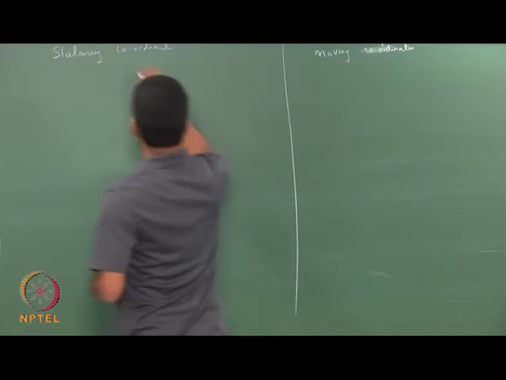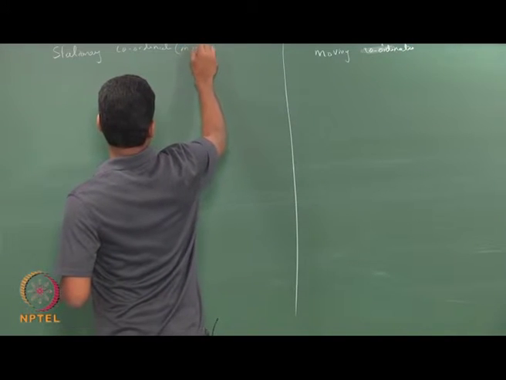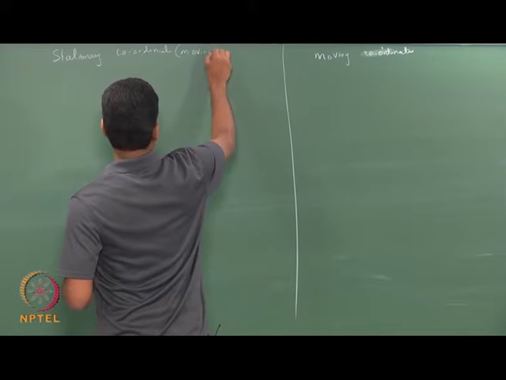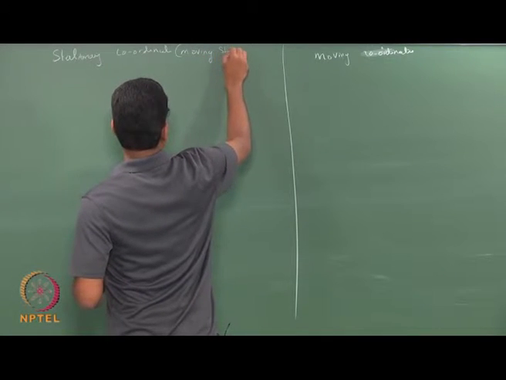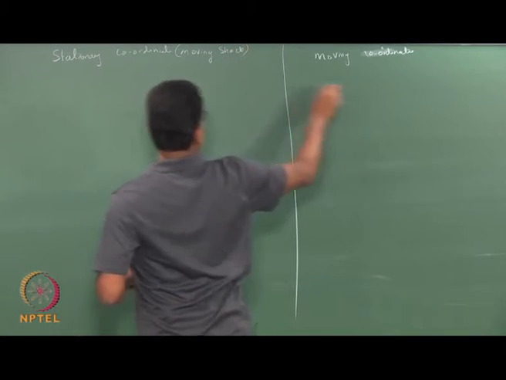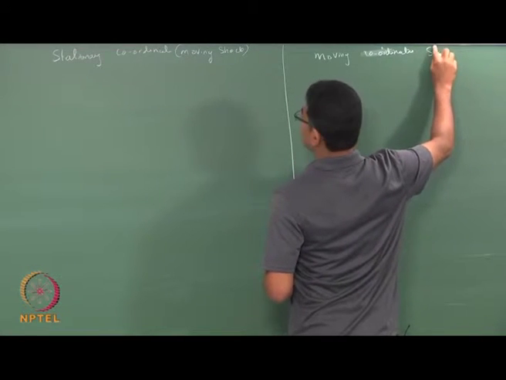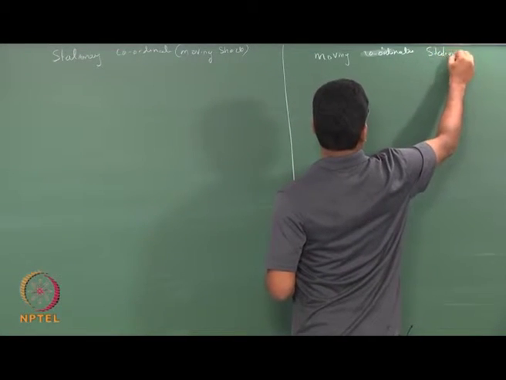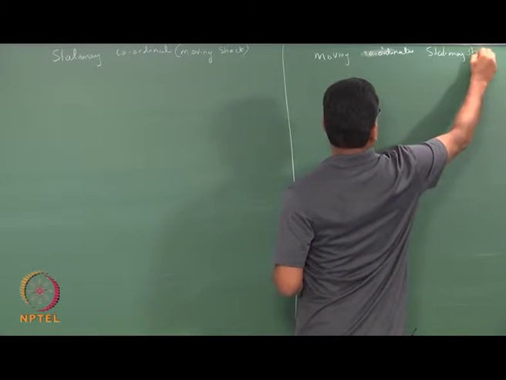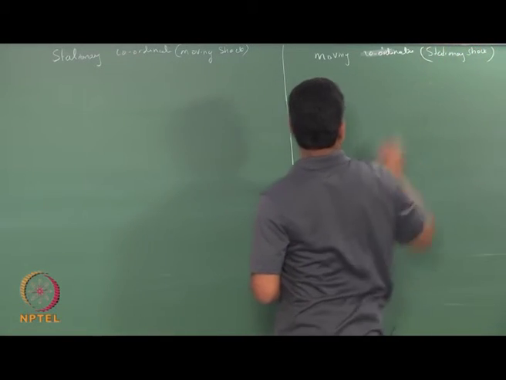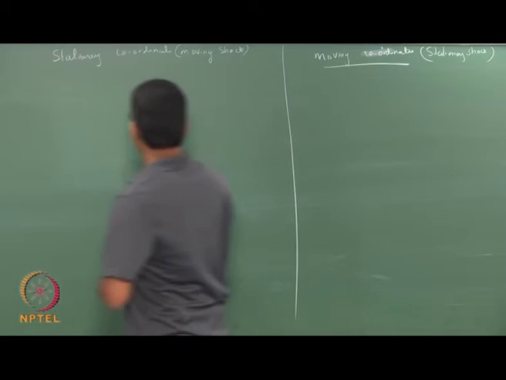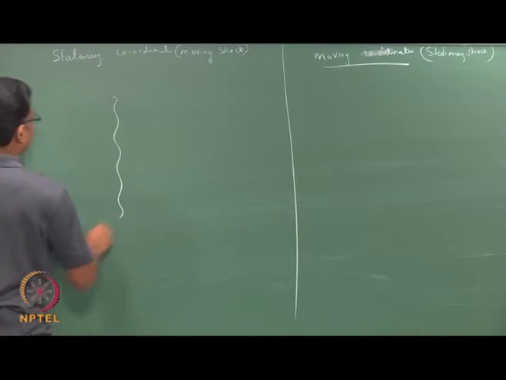As I told you, stationary coordinates also means the observer is stationary, which means it's a moving shock. This is a stationary shock. So I have a shock here.